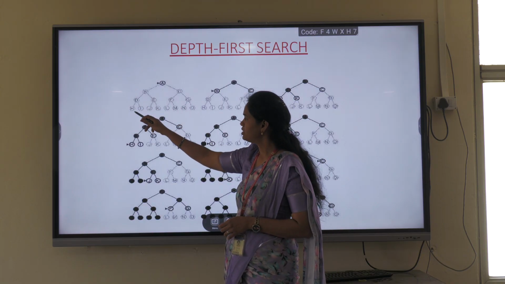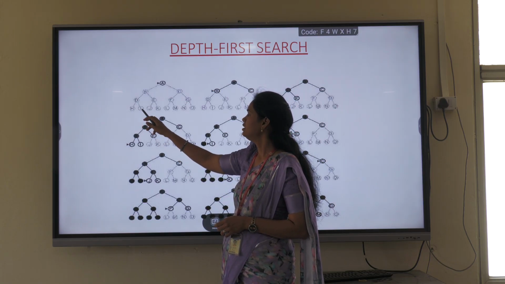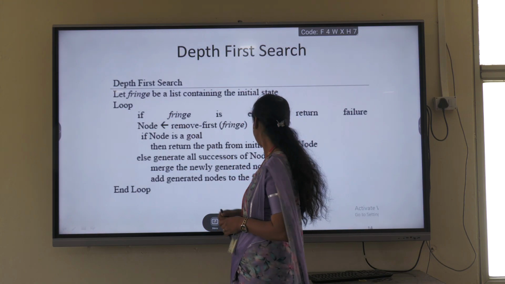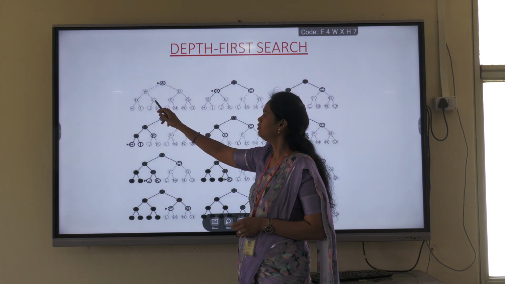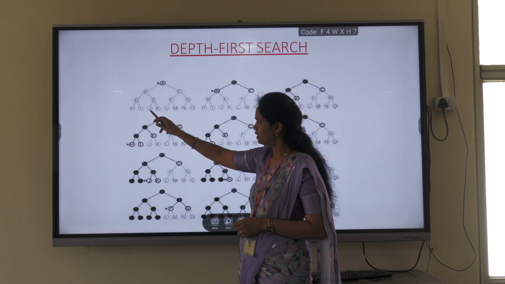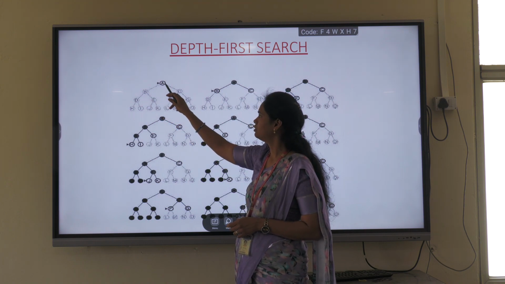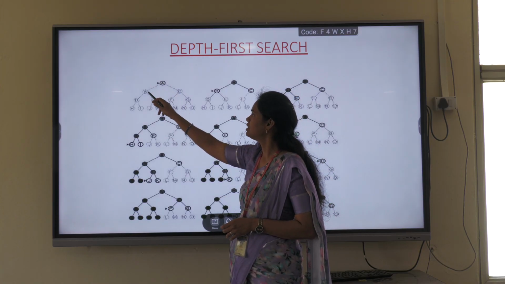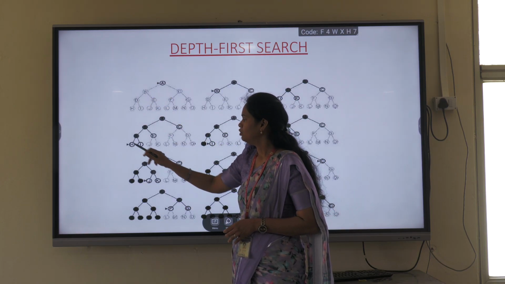In the one deepest path, if it does not find the goal state, then it visits I, backtracks to the previous node, then backtracks to B, then comes to A, and again goes to the deepest node J. If J is not the goal node, it goes to the K node, and backtracks again to A. So here, if you observe, this is where we call it the deepest node, which comes to the end of the branch.